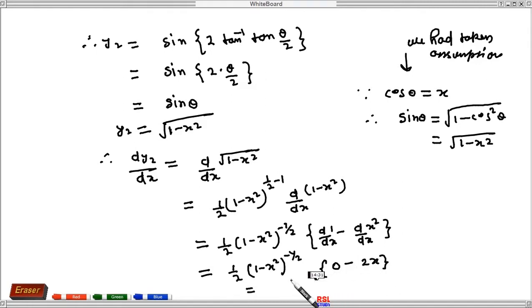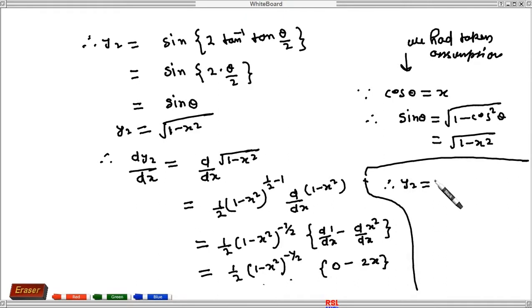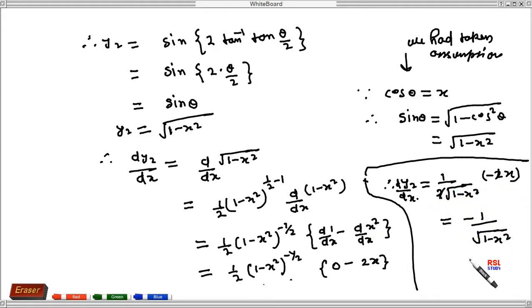So after solving, d/dx of y2 equals 1 by 2, this will come in the denominator, so minus becomes plus, that will be 2 under root 1 minus x square, times minus 2x, and finally 2 will be cancelled. So you have got the differentiation of y2 like this.